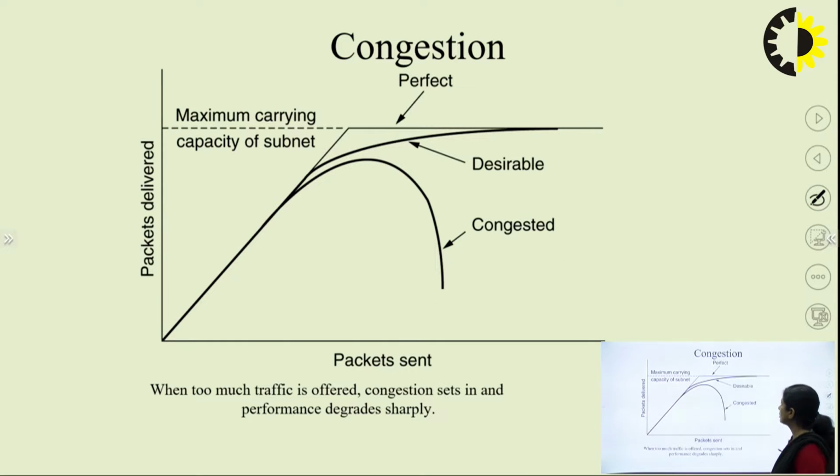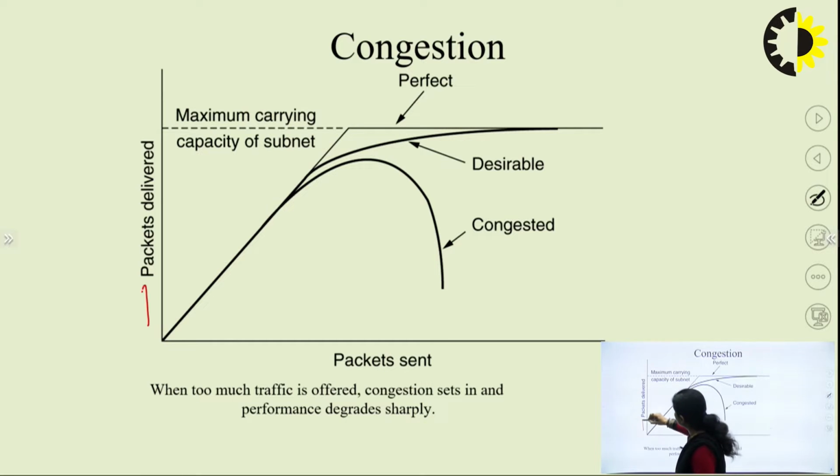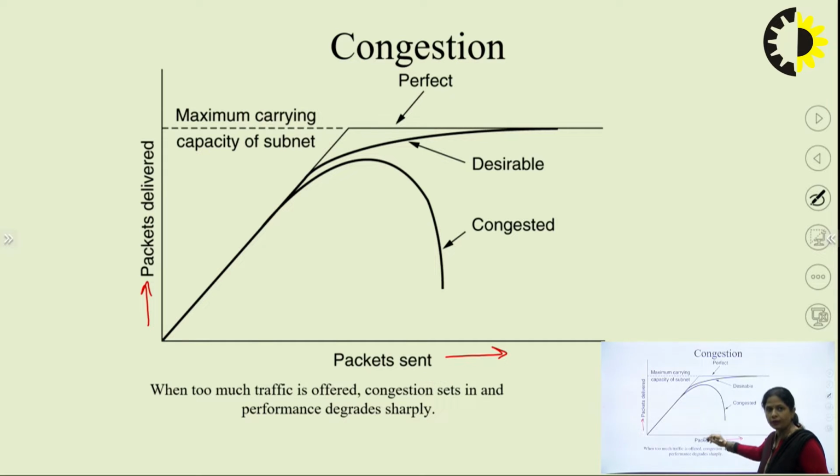With this diagram, we can see the packets delivered against the packets sent, that is, at what rate the packets were sent and at what rate they were delivered. Here we can see the maximum carrying capacity of a subnet. This is perfect.